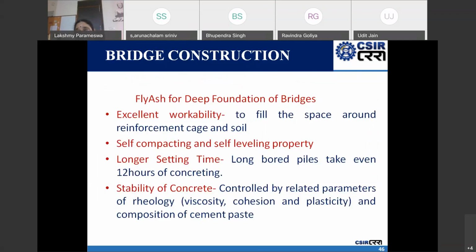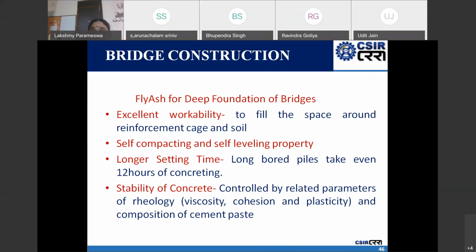There are certain advantages when we use fly ash for the deep foundation. Actually, when we think of a bridge, we see only the structure that is visible to us. But we have to understand many of these bridges have foundations which go deep, 50, 60, 70 meters down. So foundation protection is also important. If we use fly ash for deep foundations, then we get excellent workability.